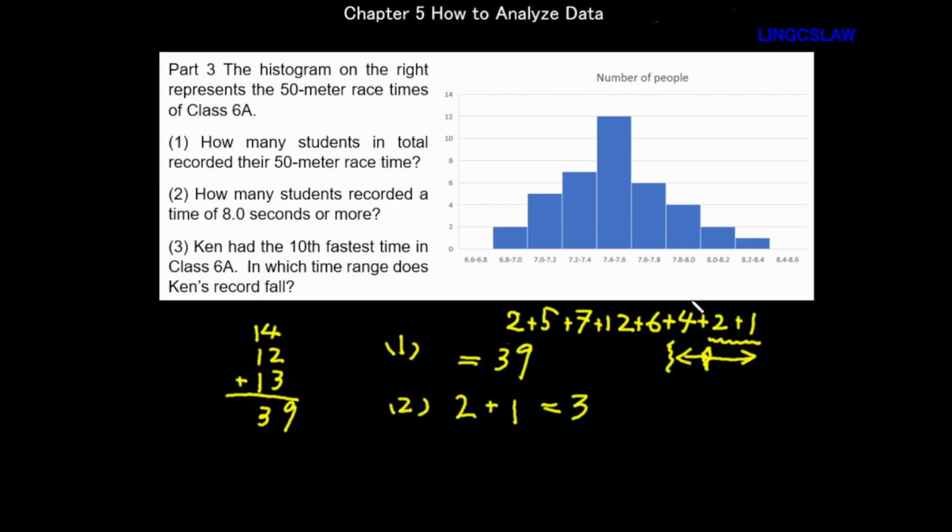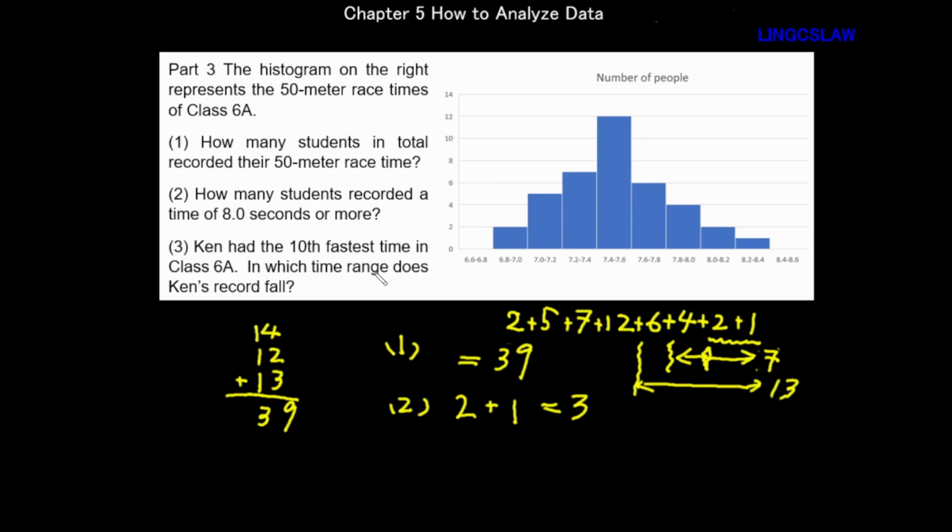So up to here, the 7 fastest people are in here, and this one. Up to here, 1, 2, 4, 6 means 13 students.